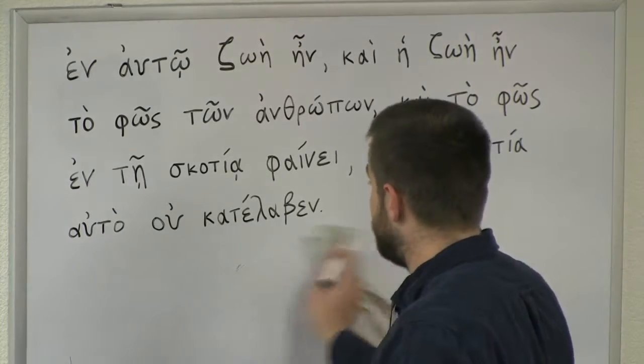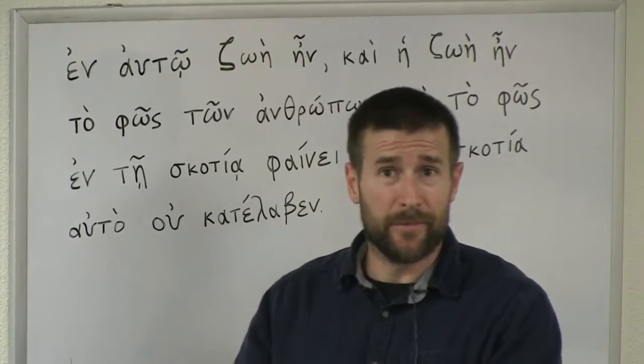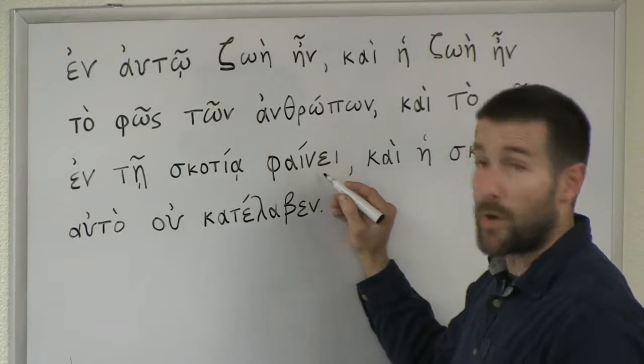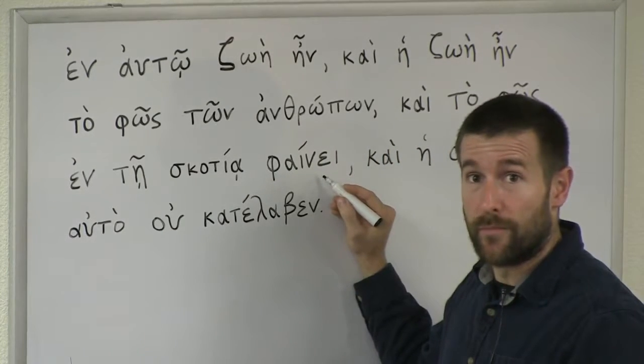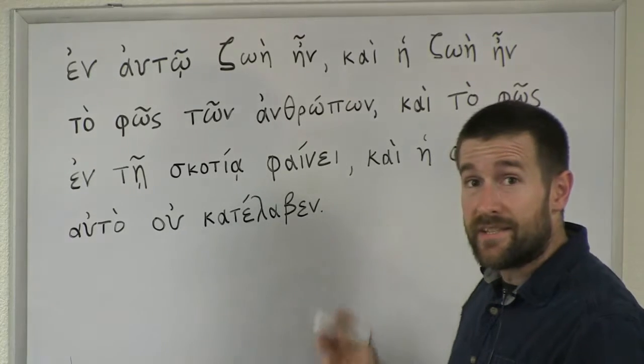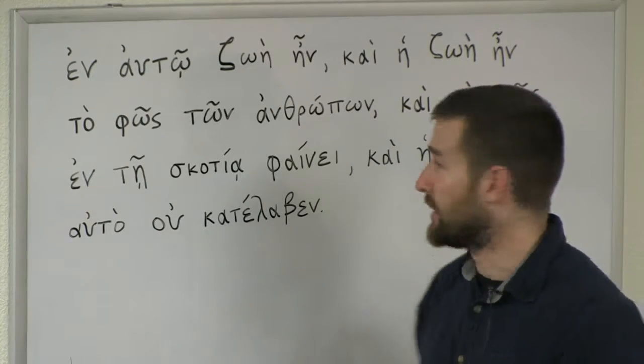I show. So the word pheno means show, appear, shine. And of course, this is the third person singular form. Pheno would be I shine. Pheni is he, she, or it shines. In this case, the light shineth in the darkness.